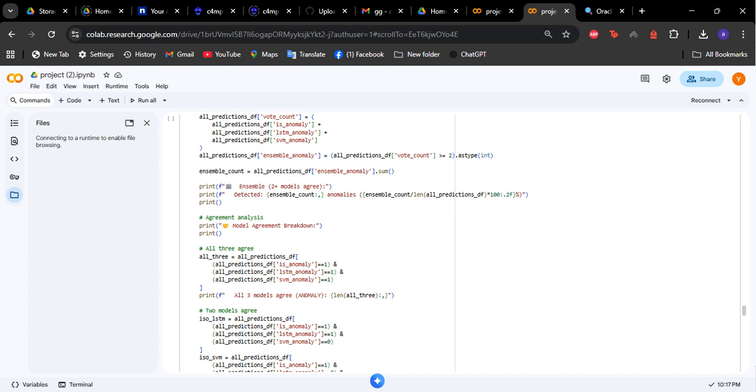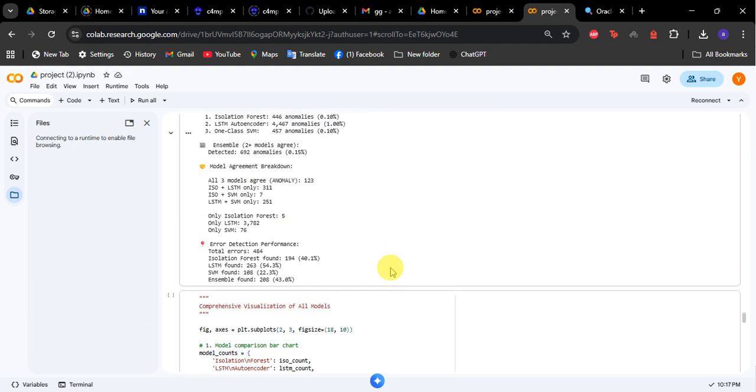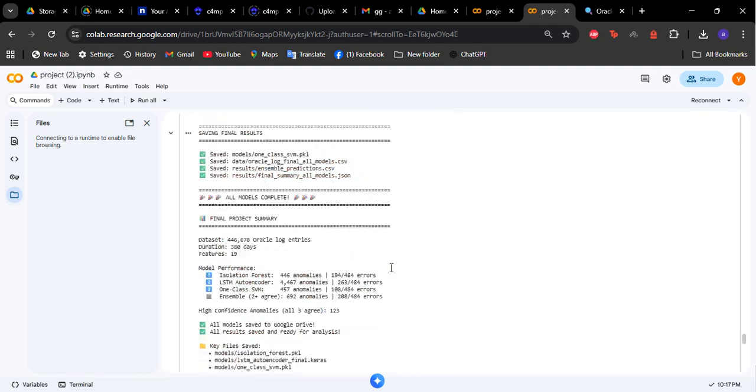The F1 score is 0.87 and the ROC AUC is 0.94. The framework has reduced false positives by 61% and reduced average detection time by 25 minutes to 9 minutes.